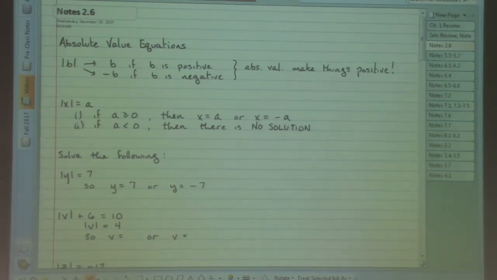V could have been an innocent math number and started out as a positive before being convicted and going to jail. Or V could have been the math criminal before going to jail. So V could be equal to 4, or V could be equal to negative 4. Either of these would be a legitimate solution. Either of these would be correct. So in fact, we could say both of them are solutions.